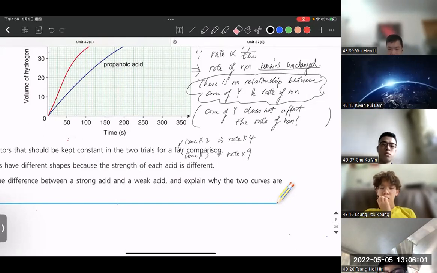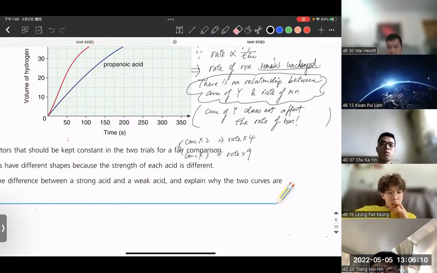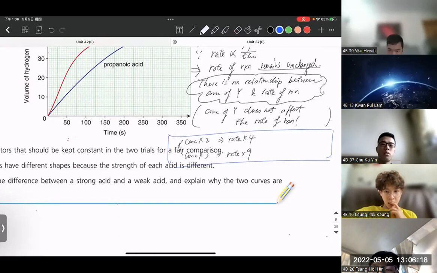Now, if it is direct proportion, which means that concentration times 2, rate times 2, concentration times 3, rate times 3, but not like this. Anyone who can tell it in mathematics, what is the relationship between that?